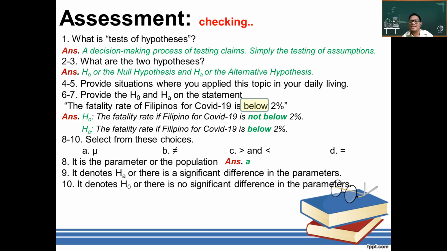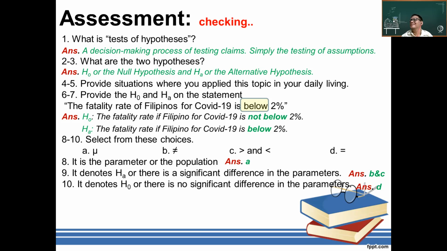So the correct answer is both B and C. And number 10: it denotes the null hypothesis, or there is no significant difference. Of course, it is the equal sign, or letter D.